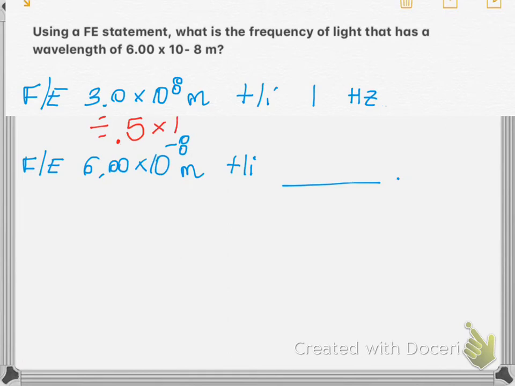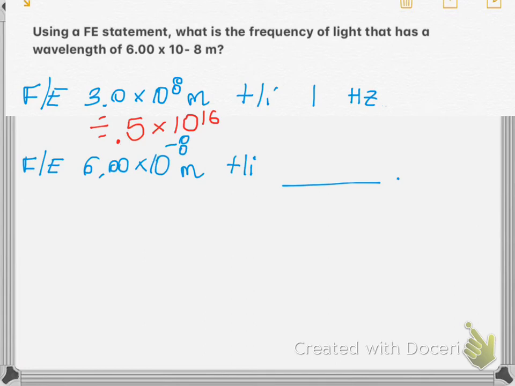And then we can figure out what the factor is to go from 10 to the 8th to 10 to the negative 8th, and that is 10 to the 16th. Again, you want to try to do that without using a calculator. You want to try to practice that scientific notation.